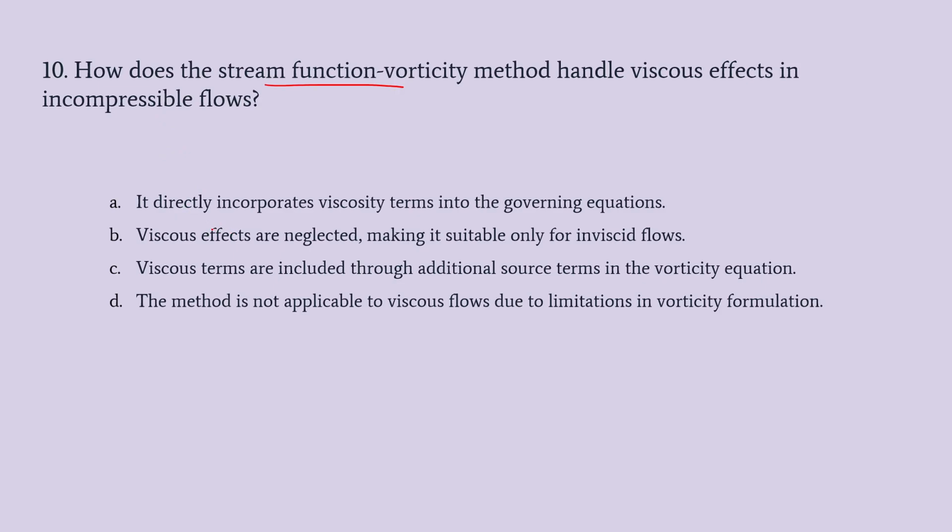Option A, it directly incorporates viscosity terms into the governing equations. Option B, viscous effects are neglected, making it suitable only for inviscid flows. Option C, viscous terms are included through additional source terms in the vorticity equation. Option D, this method is not applicable to viscous flows due to limitations in the vorticity formulation.